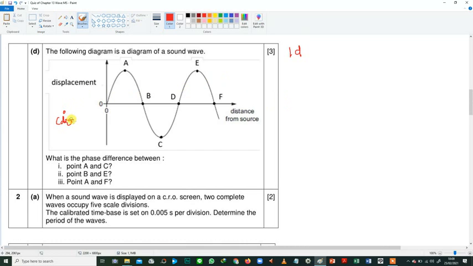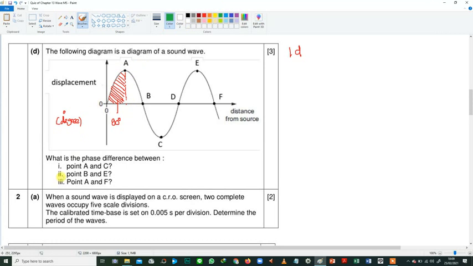If we have a section like this, this means 90 degree. So later we can know the phase difference by counting how many sections and then multiplying it by 90 degree. So let's see the question one by one.